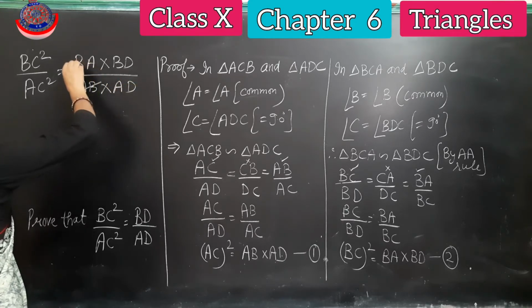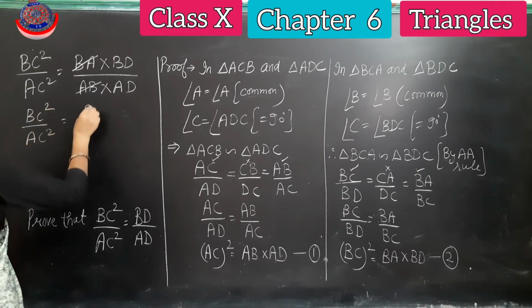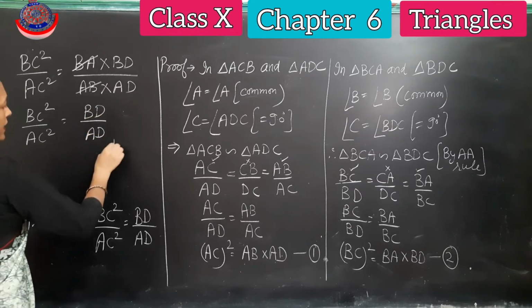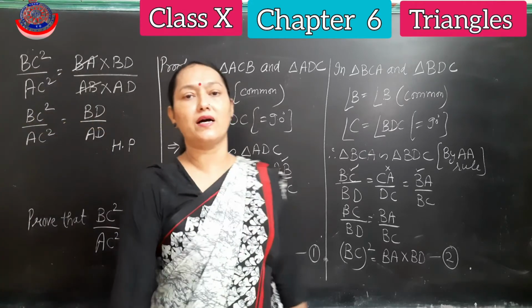So AB and BA got cancelled and we are left with BC square upon AC square is equal to BD upon AD. Hence proved whatever was being asked in the question.